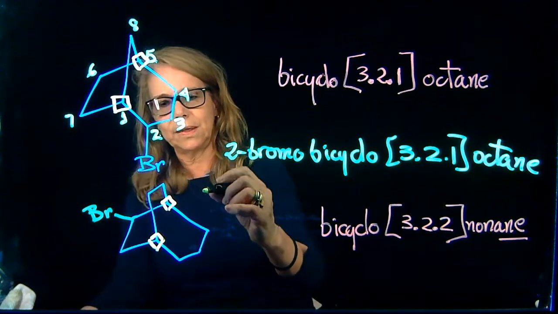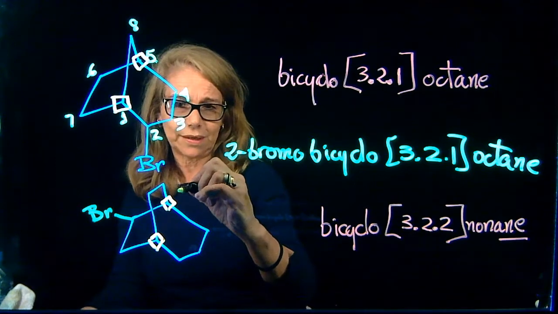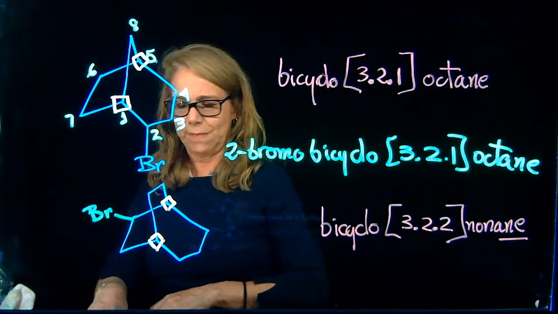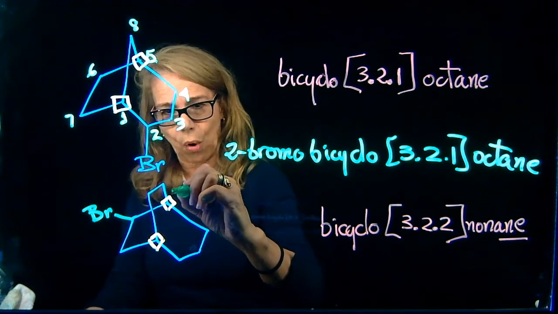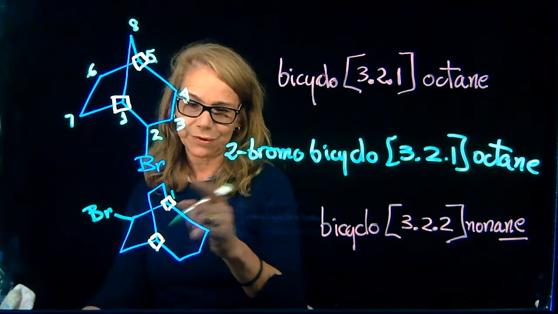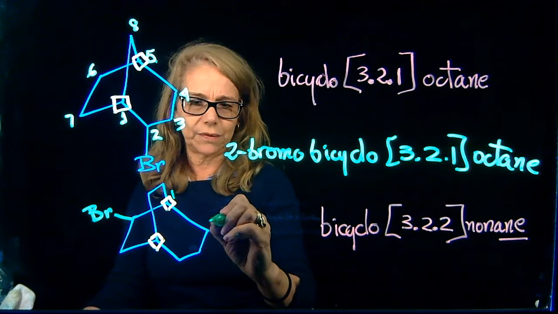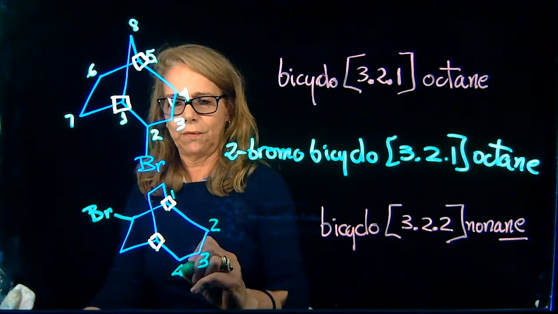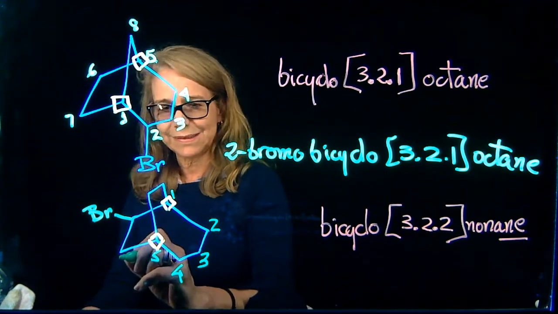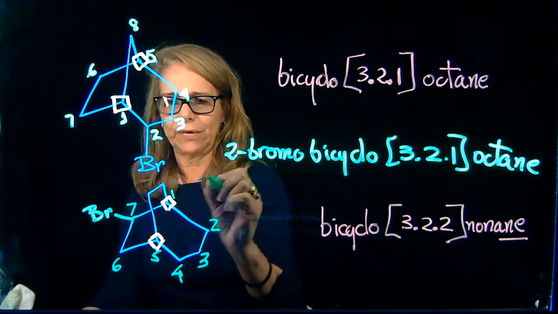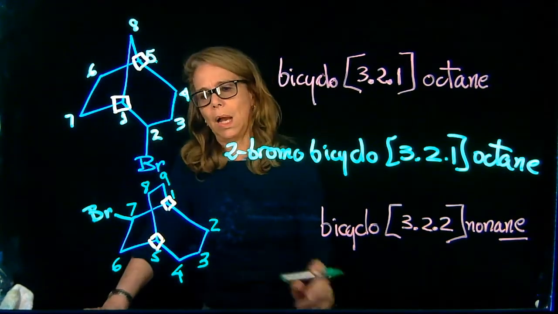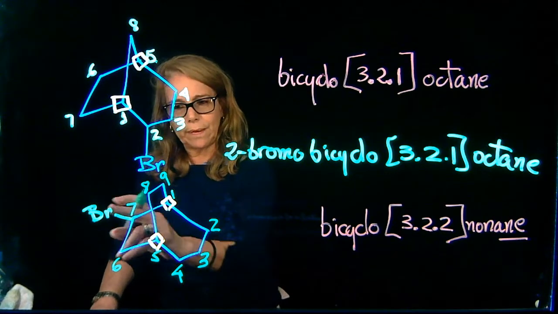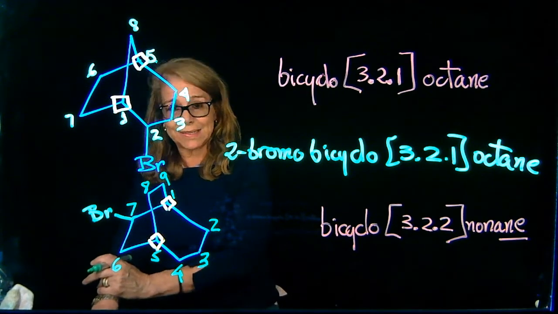So say that I'm going to do one system of numbers, and then we'll see if it works or we need to change it. So doing this, I'm going to go 1, remember, bridgehead first. Larger side, 2, 3, 4, 5, 6, and 7, 8, 9. Now, I see with that numbering that bromo is in carbon 7.